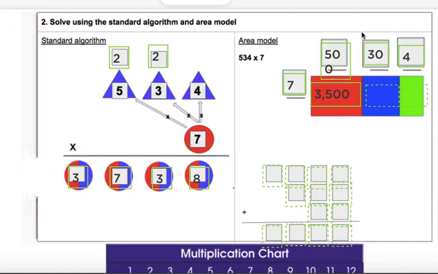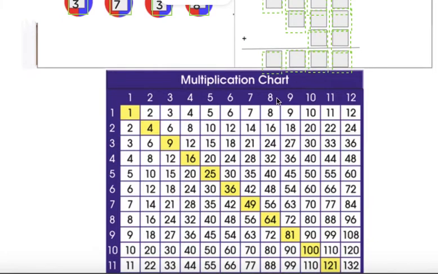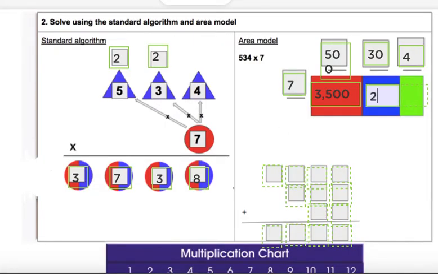All right, let's do the same thing for our tens place. 7 times 3 tens. Let's start with 7 times 3. Here's my 7. Let's count down 3. 1, 2, 3. What's 7 times 3? Good, 21. So I have 21 tens. It's not just 21. 21 $10 bills. How much money is that?